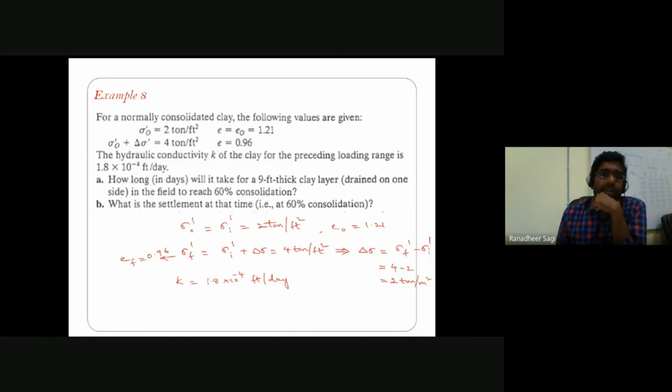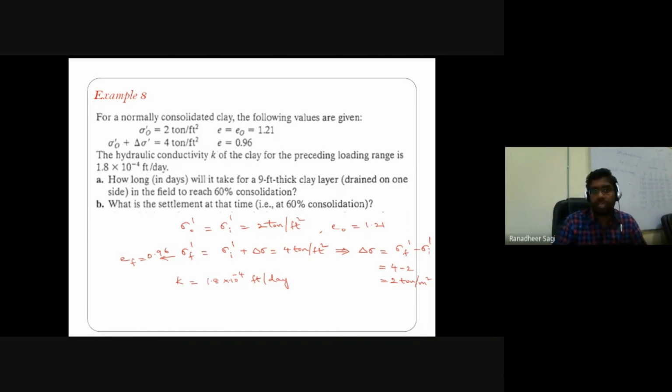Now we are asked to find out how much time, in number of days, it will take for a 9 feet thick clay layer drained on one side in the field to reach 60% consolidation, and what is the corresponding settlement when the degree of consolidation is 60%.